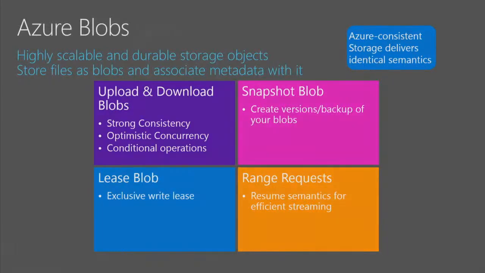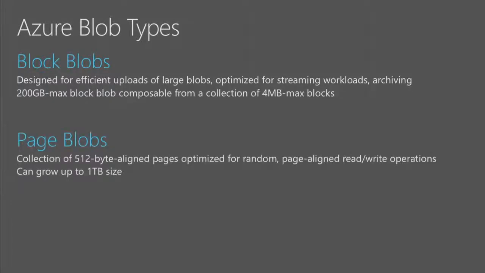That's really the takeaway I want you guys to keep in mind. And the blob types, again, Azure supports two different kinds of blobs, block blobs and page blobs, for two distinct purposes. And with Azure consistent storage, we deliver identical semantics. You could use the same thing for similar purposes, for PaaS and IaaS respectively in this case.